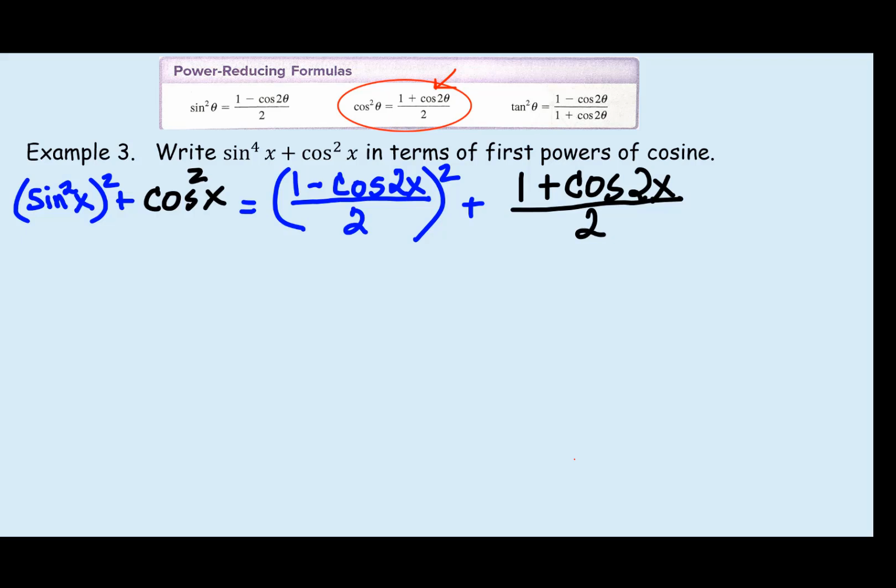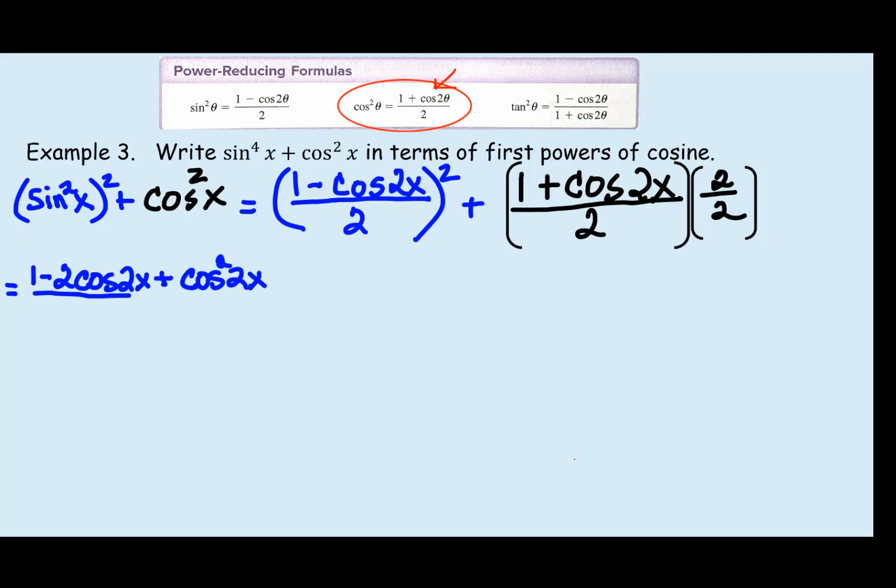And you can see that in the blue parentheses, when you square that out, you're going to get a denominator of 4. And so you're going to want a common denominator here. So I'm going to go ahead and multiply that second fraction by 2 over 2 so that when I square out that blue set of parentheses, I'll have a common denominator for both fractions. So I'm going to square the first term, write it all out, 1 minus 2 cosine 2x plus cosine squared 2x all over 4.